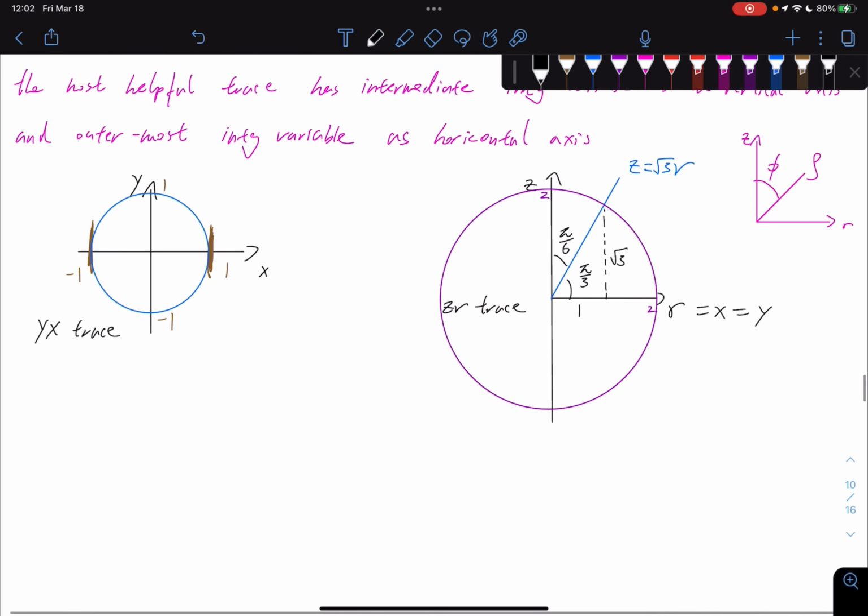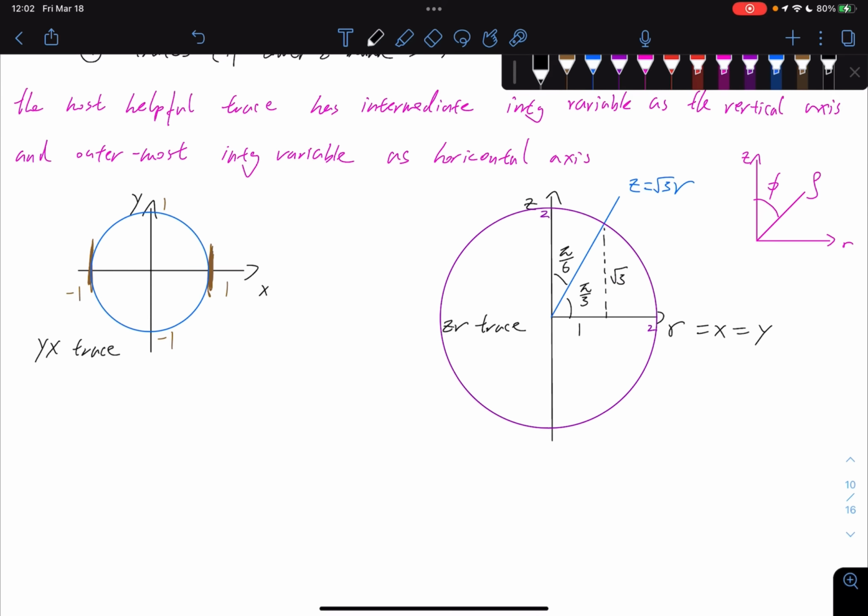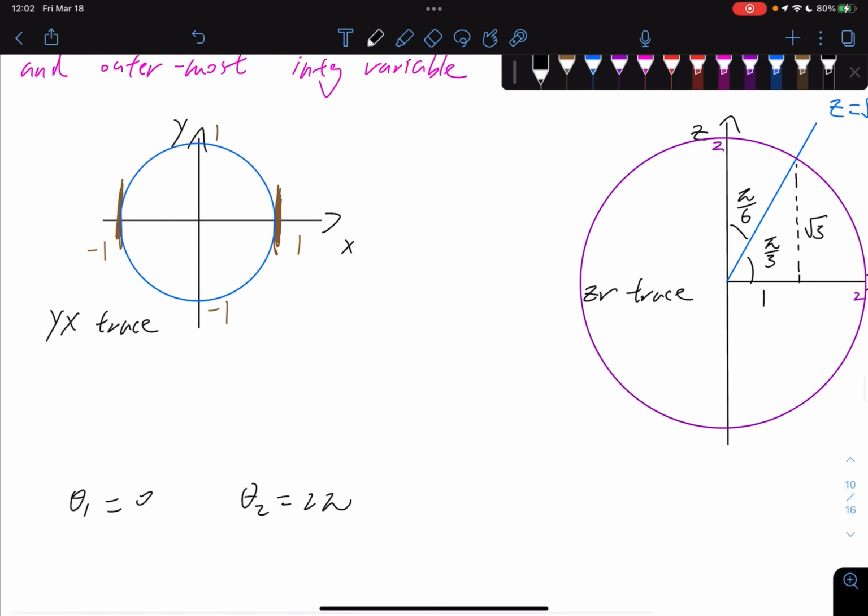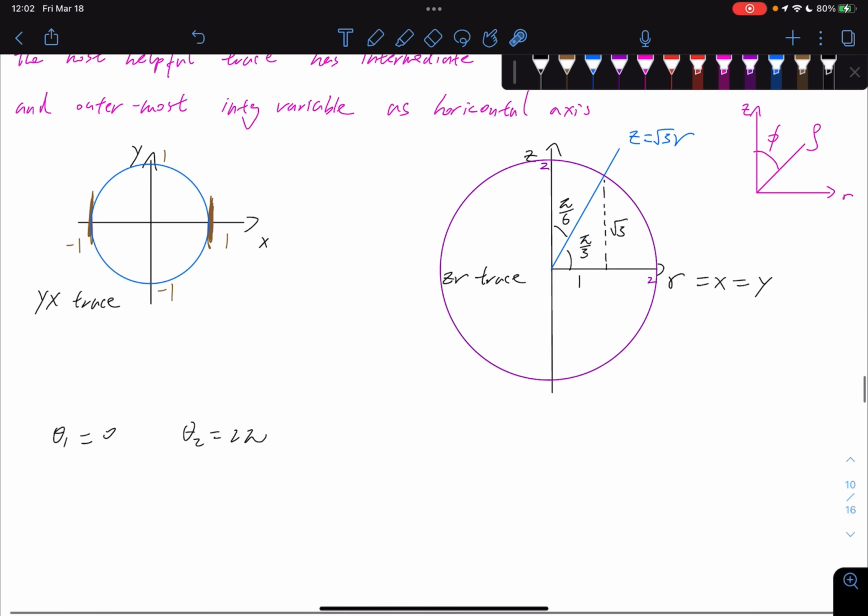So with these two diagrams, we can conclude that theta 1 equals 0, theta 2 equals 2 pi. With the laser analogy here, we can shoot our laser from theta equals 0, and continue across pi over 2, across pi, across 3 pi over 2, all the way to 2 pi. So that's bound number 1.